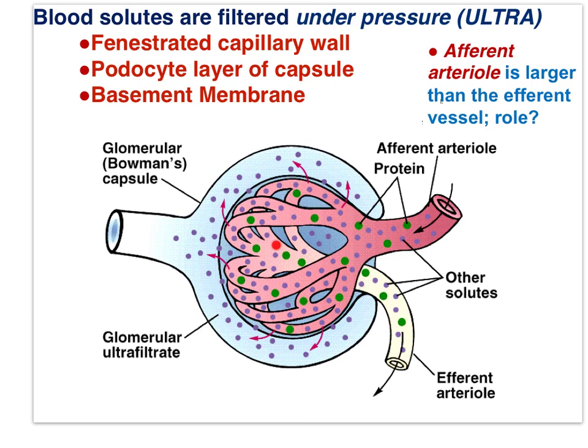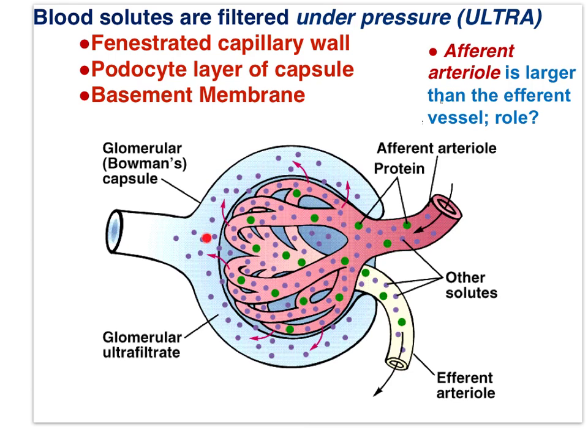The capillaries of the glomerulus have pores, fenestrations, or you could say clefts, between the cells of the capillary. The fenestrations, the pores, serve to physically filter the blood. Small molecules and water can pass through those capillaries into Bowman's capsule, but large proteins and red blood cells cannot.